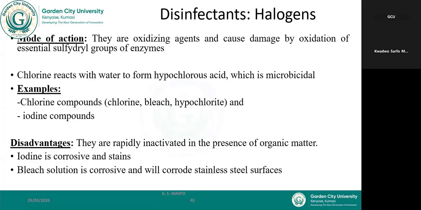Some of them, like the iodine, can also be a stain, and nobody would like to use these disinfectants and end up staining the surfaces. They are also corrosive and can corrode the steel surface that are being applied to achieve disinfection.